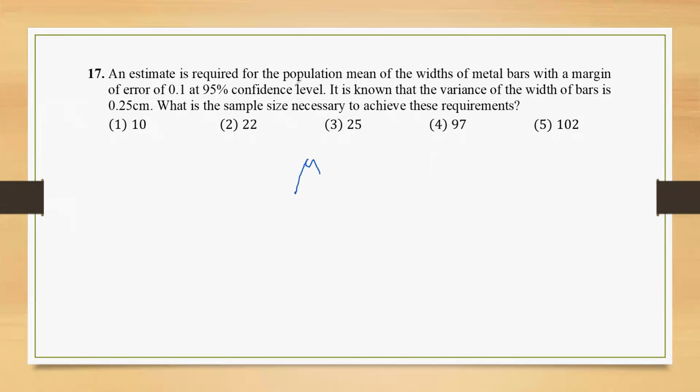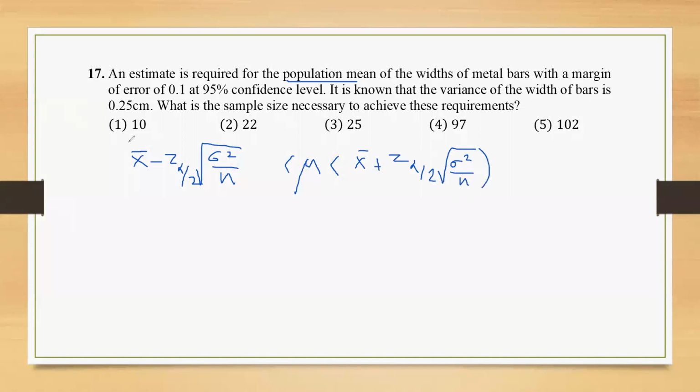Here the population mean, so we need to do the estimation for the population mean. So we know that for the population mean there is a confidence interval like this: x bar minus z alpha divided by 2 times sigma over square root of n, to x bar plus z alpha divided by 2 times sigma over square root of n, right?